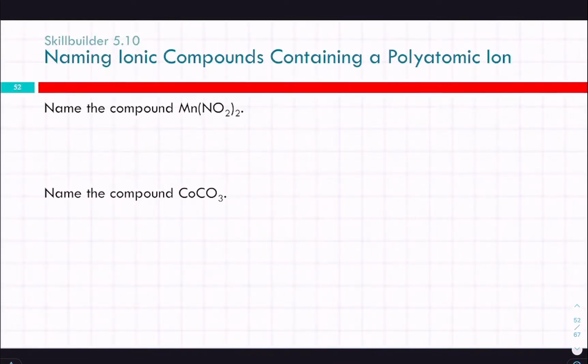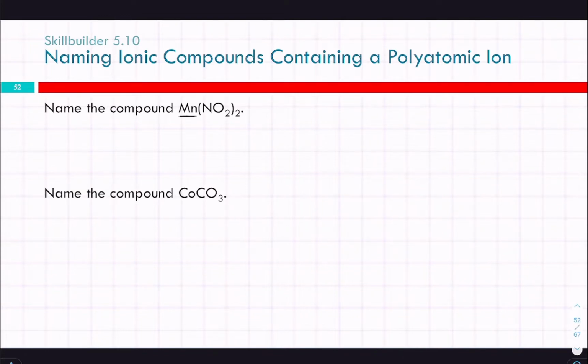For ionic compounds, we still name them mostly the same as other ionic compounds with monoatomic anions, but now we just use the name of the polyatomic anion or the oxyanion at the end. So this is manganese, Mn. Checking on the periodic table, manganese is not one of our consistent charges.